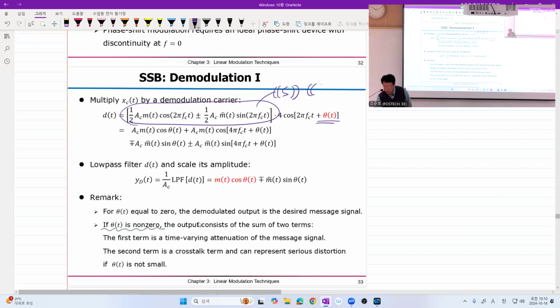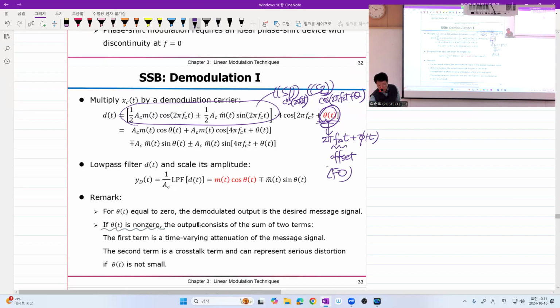So probably if this is simplification 1, this is cosine 2 pi fc t done. And the second simplification would be some constant, right? I skipped that part. And suppose you have theta of t. And you may say that, what is theta of t? And theta of t may mean time varying phase noise. Okay? Or it may even include some carrier frequency offset. Got it? So this is the offset.